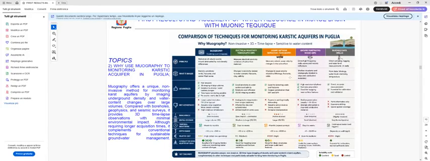Comparison of techniques for monitoring karst aquifers. Why use muography? It is non-invasive, 3D, time-lapse, so you can select a time window to monitor, and it is sensitive to water content.